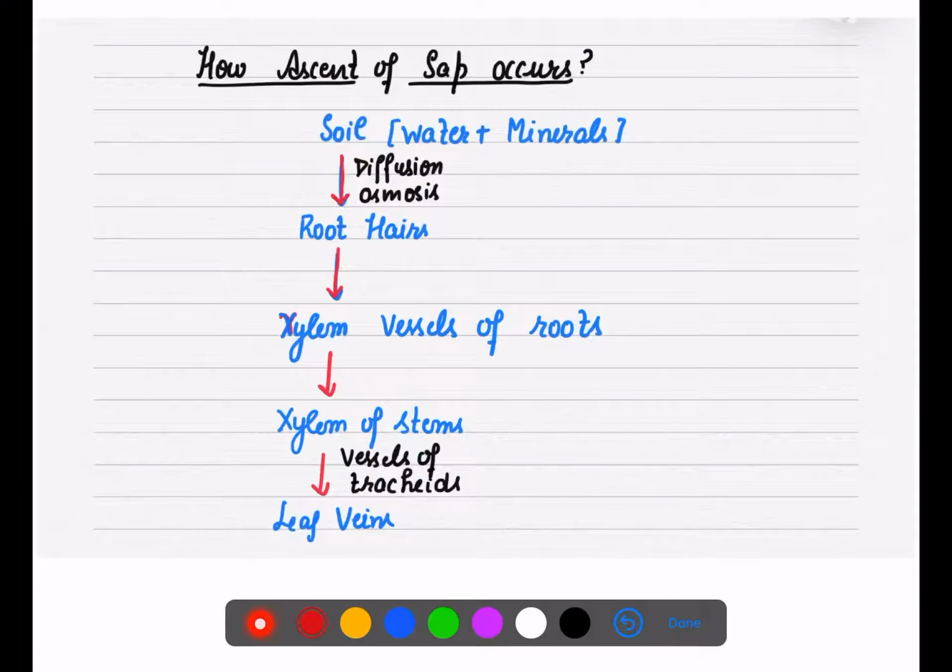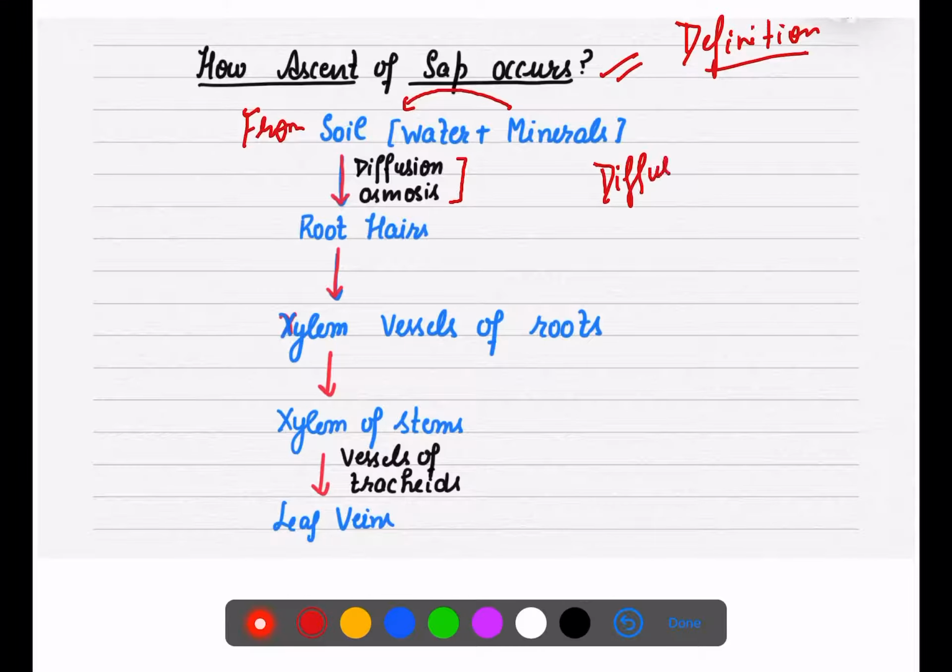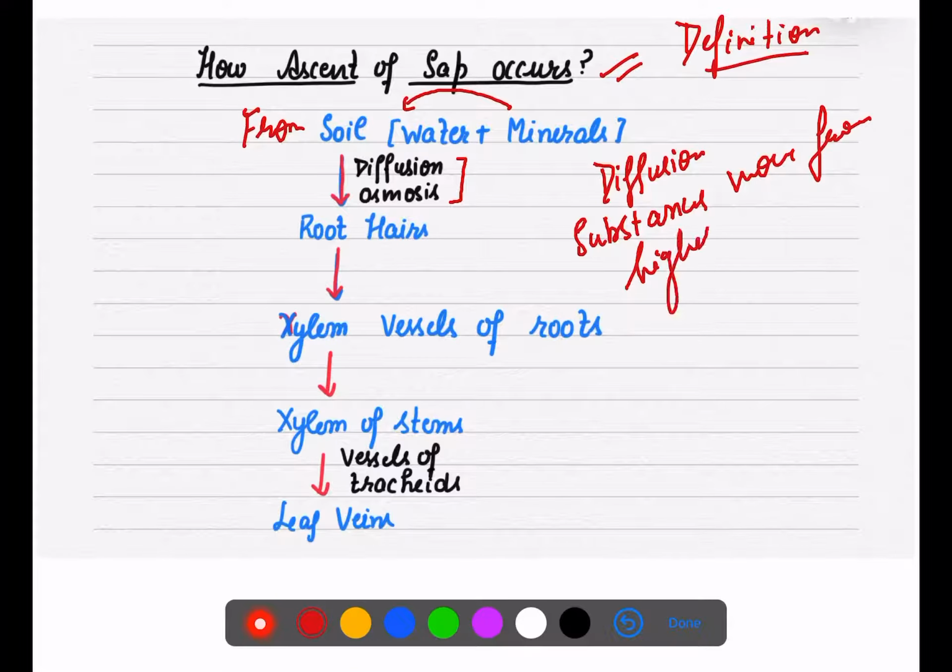Now how you have to write it exactly in the exam is how ascent of sap works. First you will write the definition, then how this works: from the soil, water and minerals are absorbed. How are they absorbed? Through these two processes. Diffusion. What is diffusion? That is the process in which substances move from higher concentration to lower concentration.